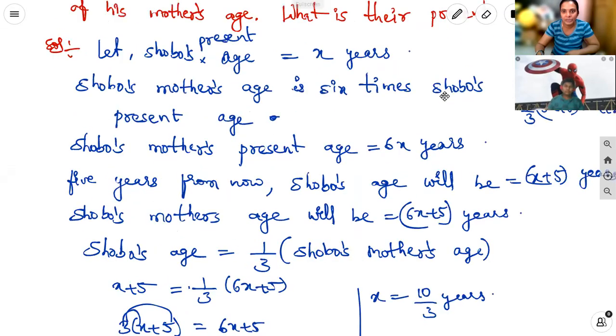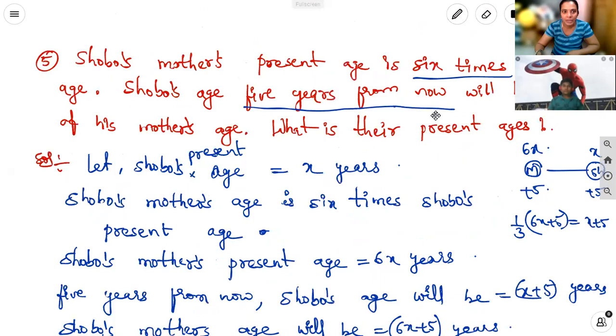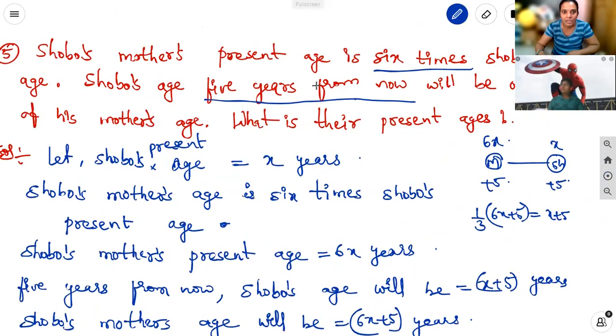Here, read the question again. Shobo's age 5 years from now will be 1/3 of his mother's present age. The question is the mother's present age. What are their present ages?